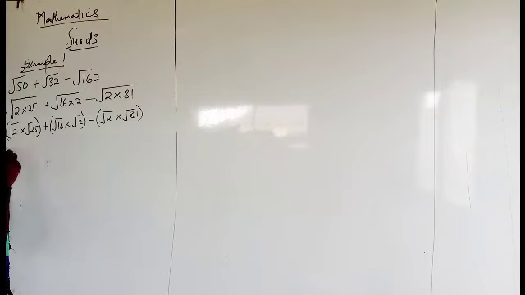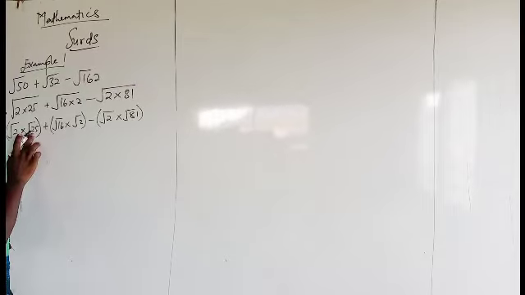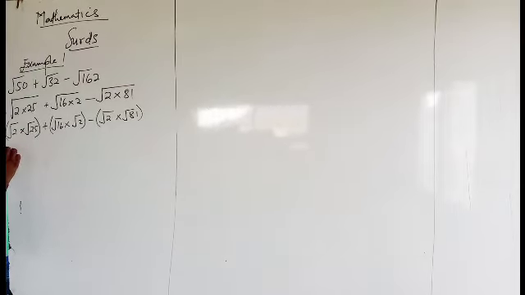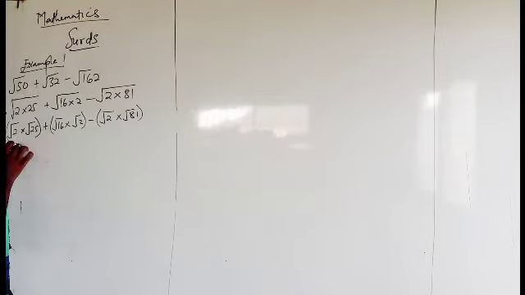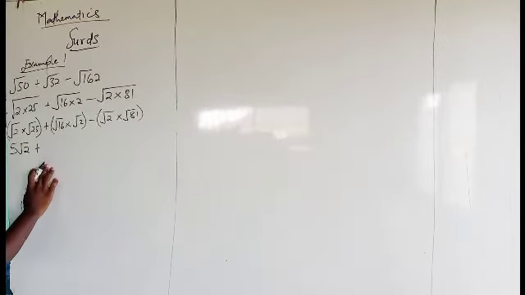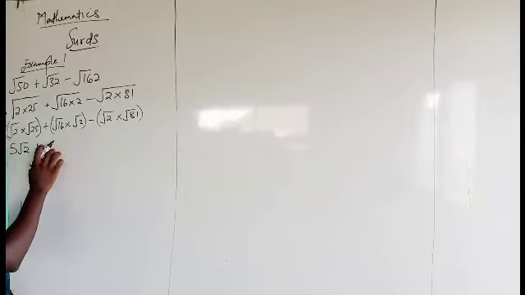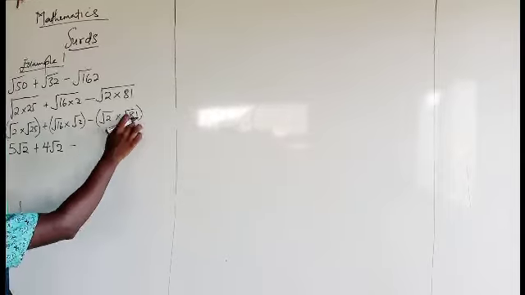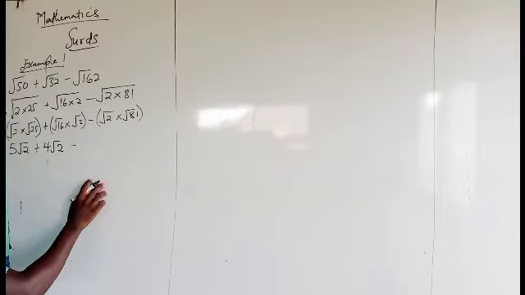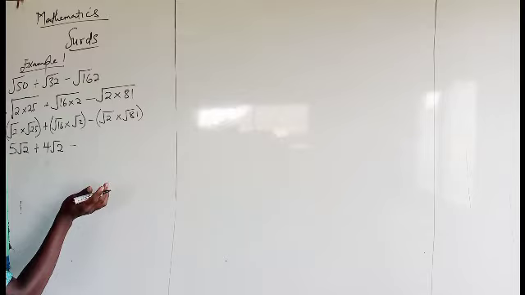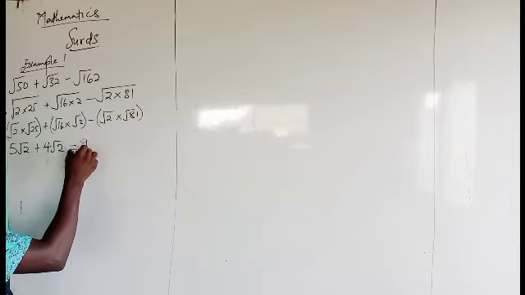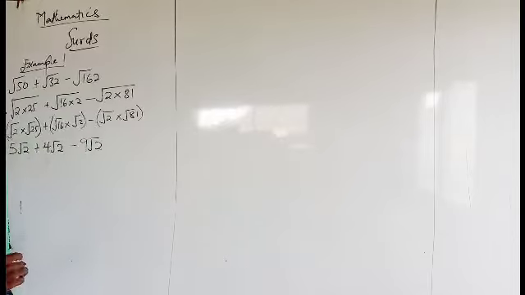With root 2, we can't do anything, but root 25 is 5. So we get 5 root 2, plus root of 16 is 4, so 4 root 2, minus root of 81 will be 9, so 9 root 2.